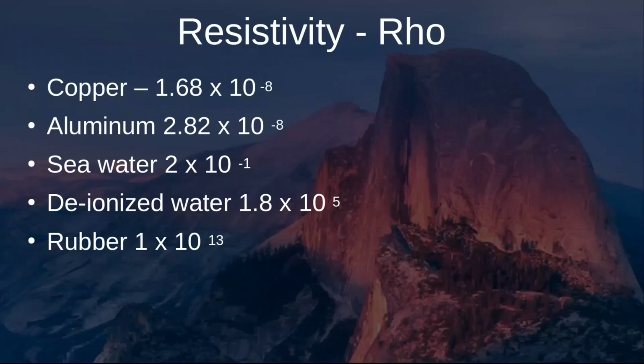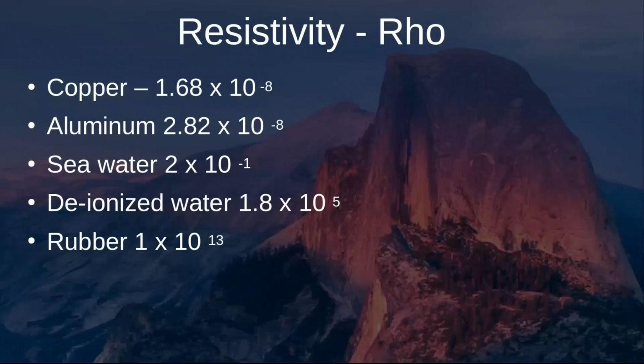So deionized water will have a fairly high resistance and low conductivity. Rubber, on the other hand, is several powers more resistant than deionized water. So rubber has a resistivity of 1 times 10 to the 13th, and that constant is very high in comparison to the rest.